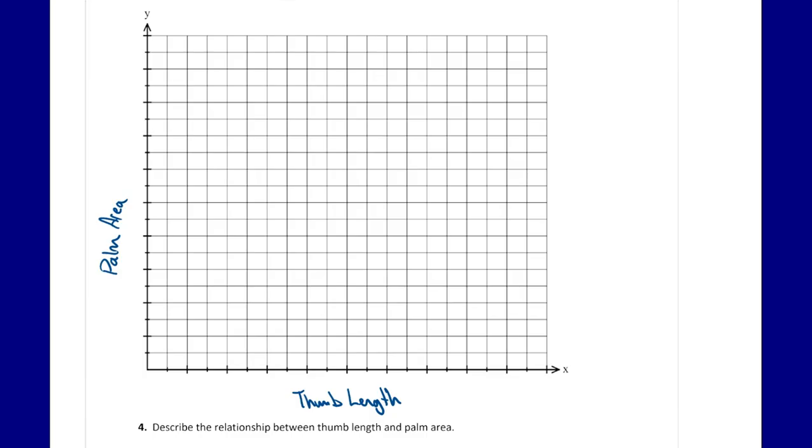If you have different age groups, you're going to have different sizes of students, so that would give you a wider range of thumb lengths and areas.